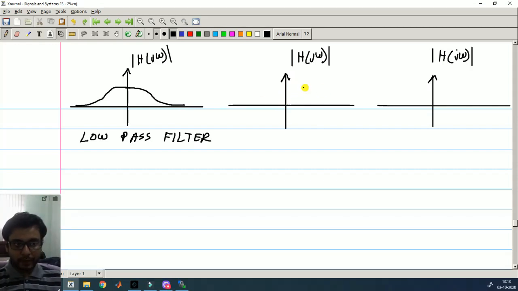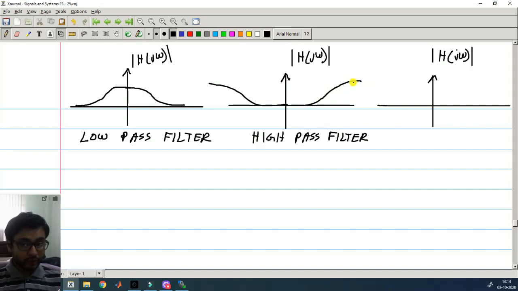Then if you have a system whose magnitude response looks like this, we call that a high pass filter, because it allows high frequencies to pass from input to output and it blocks low frequencies.